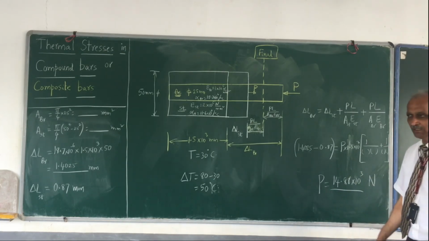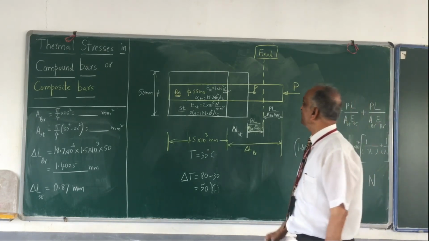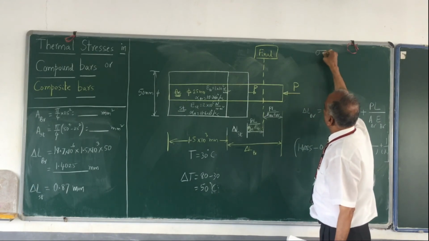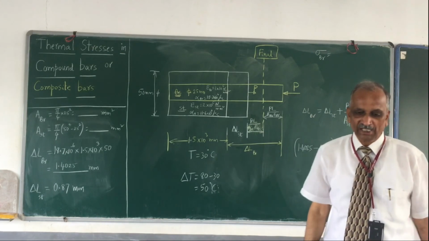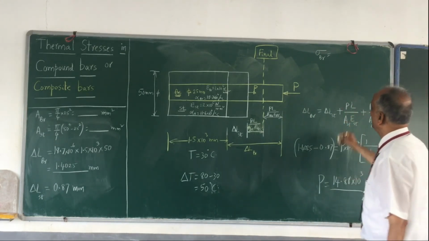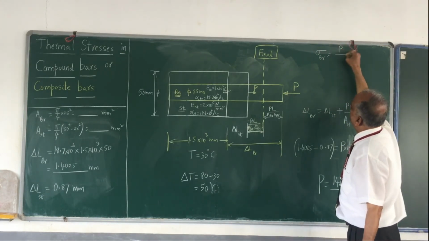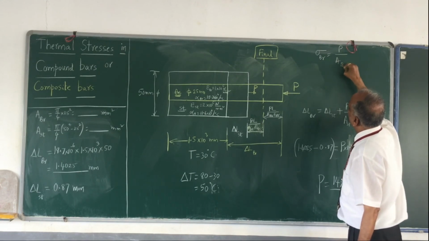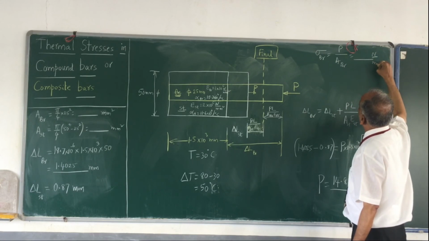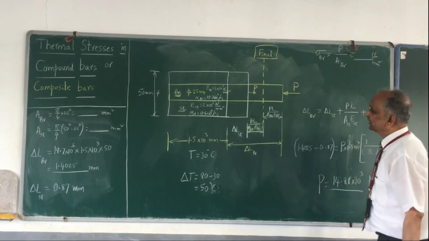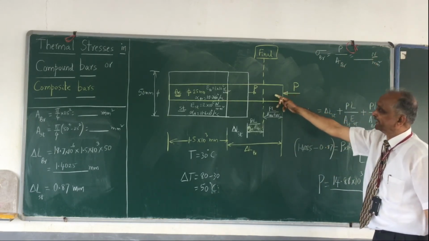Okay, you have this P. Once you have P, what follows is quite simple. What is the stress in brass? How do you calculate it? P divided by area of brass, so many Newton per millimeter square. And what is the nature of stress in brass? Look at the diagram here.